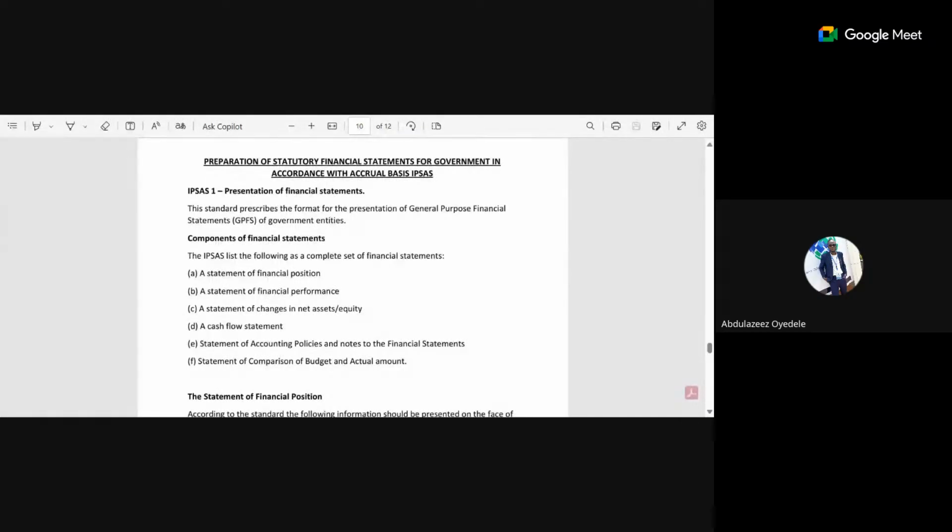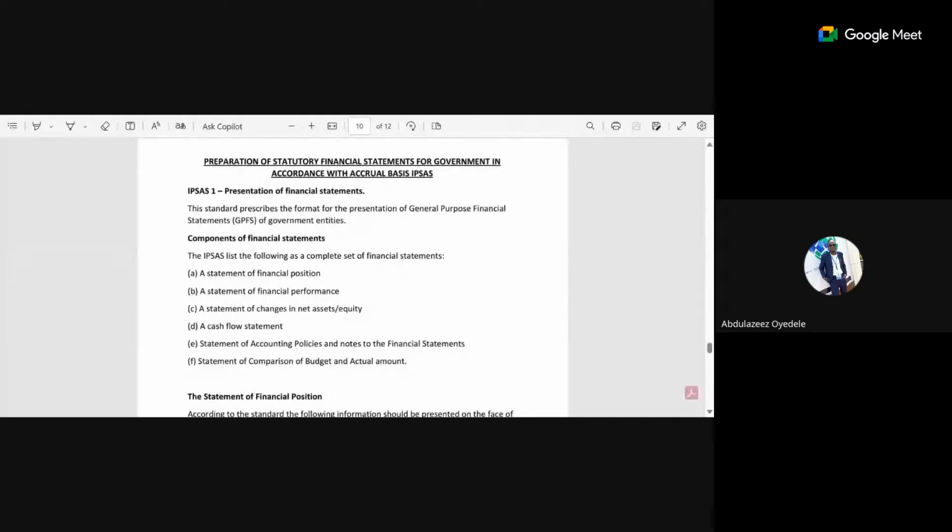Then the statement of comparison of budgets with actual amounts is one that will show the accounts for the year, that is the results of the year, in comparison with what was budgeted. So if you are preparing that statement, there's a column where you are showing your financial results for the year, that is your revenue, expenditures and all. And then another column by the side will show the revenue that you are reporting of 1 billion, how much was budgeted at the beginning of the year.